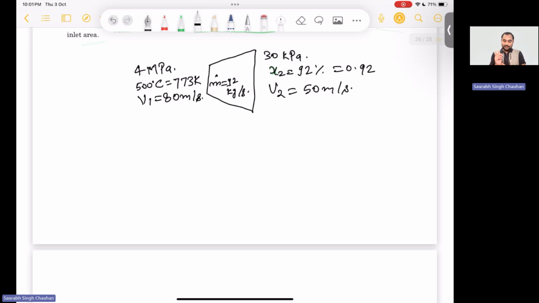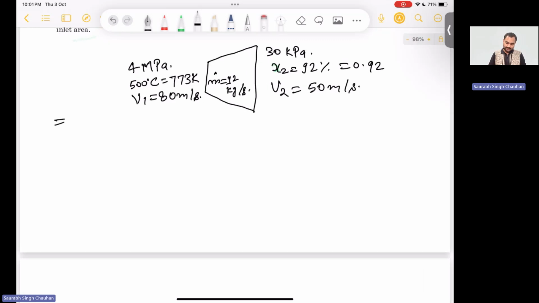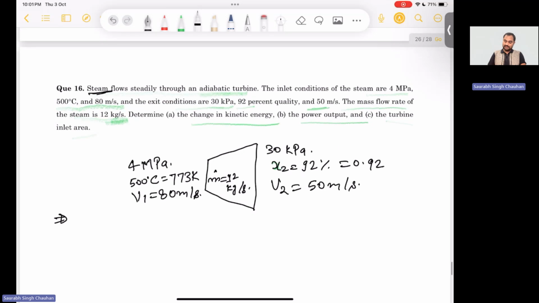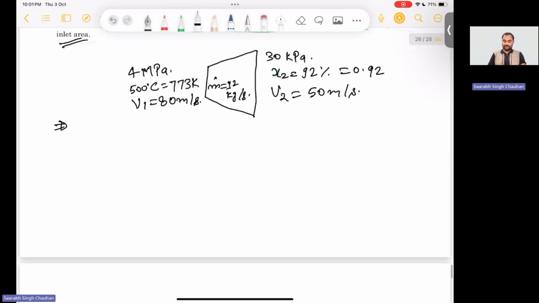Okay, so we'll have to use steam tables, and before proceeding, we can find the required values. First, we will require the enthalpy and the specific volume, because we have to calculate the area. For area, we will require density, and for density, we will require specific volume.